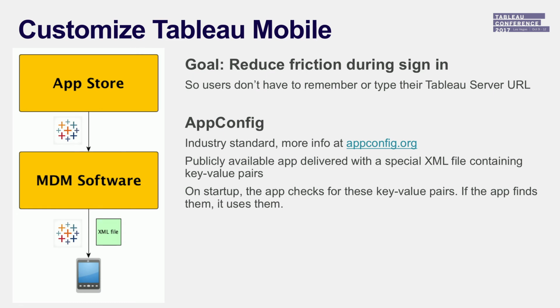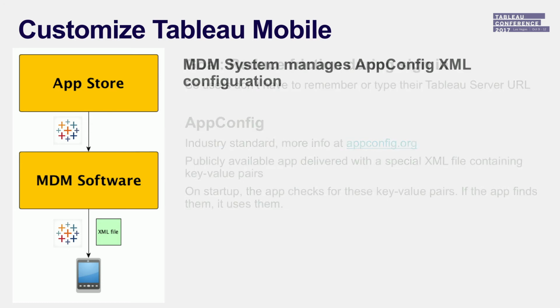The MDM administrator downloads that app into their corporate MDM environment, so it's a recognized app within the company's App Store. And then the configuration is brought in from the app config and then sent down to the mobile device. So when Tableau Mobile starts up, it says, hey, do I have a configuration file or some settings already preset for me? If so, I'm going to use those.